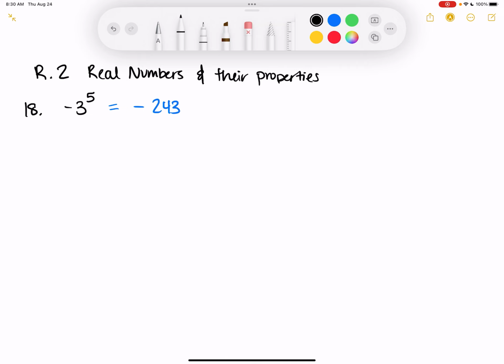Let's see. 22. We've got in parentheses -2 raised to the 5th. What about that one?